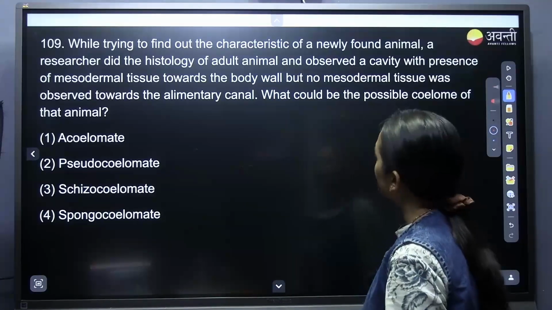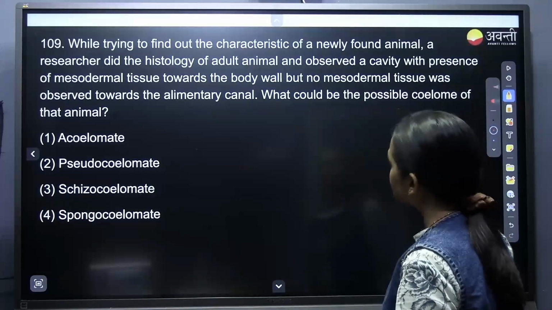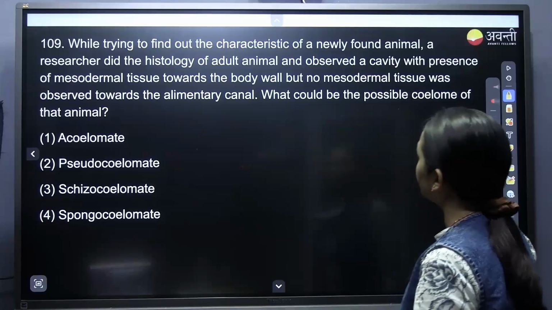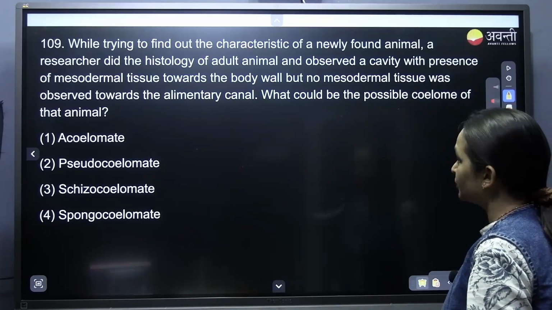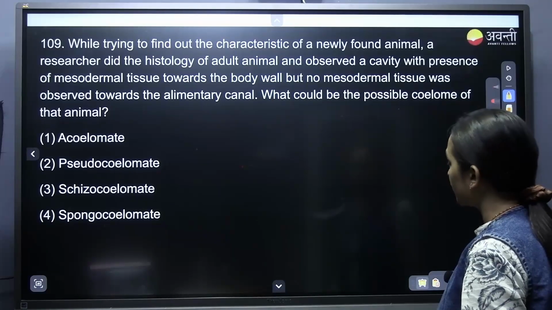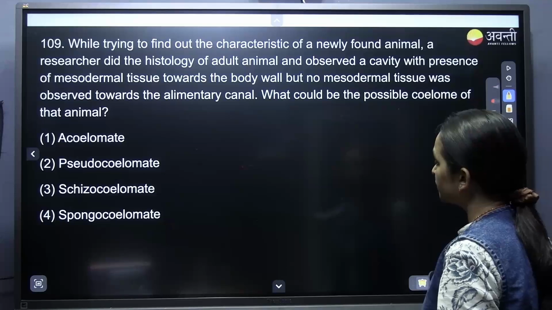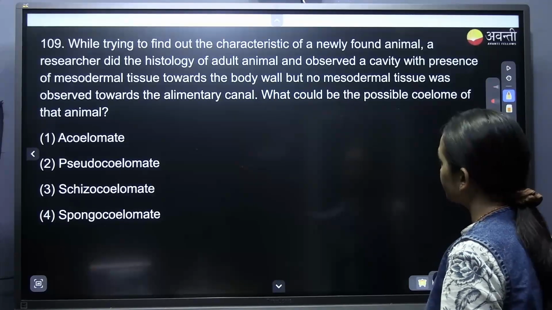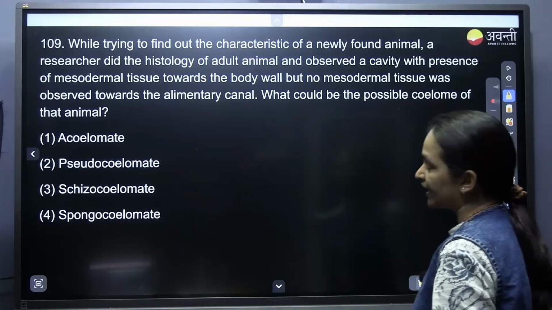While trying to find out the characteristics of a newly found animal, a researcher did the histology of the adult animal and observed a cavity with presence of mesodermal tissue towards the body wall, but no mesodermal tissue towards the alimentary canal. What could be the possible coelom of that animal?